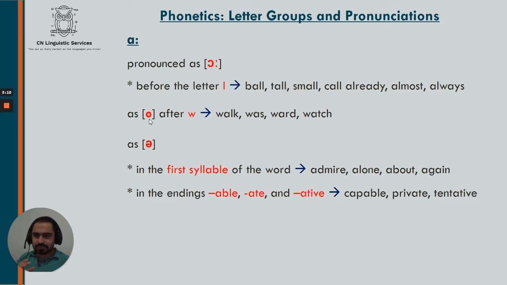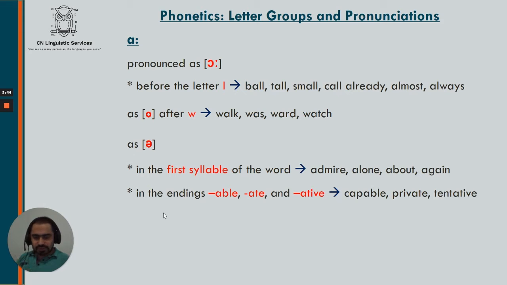If A is in the first syllable of the word, we pronounce it as A, like admire, alone, about, and again. So what do we say? If it's in the first syllable of the word, we pronounce it as A.